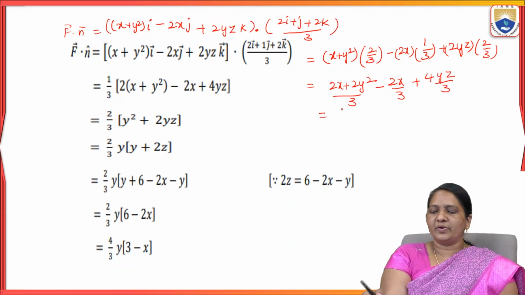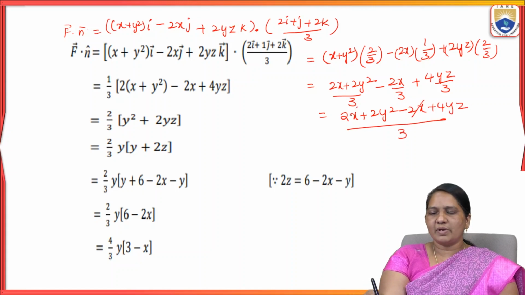So finally I am simplifying this: 2x plus 2y square minus 2x plus 4yz, all by 3. So plus 2x minus 2x will be cancelled. Here I got 2y square plus 4yz.